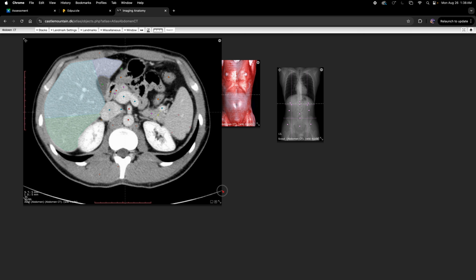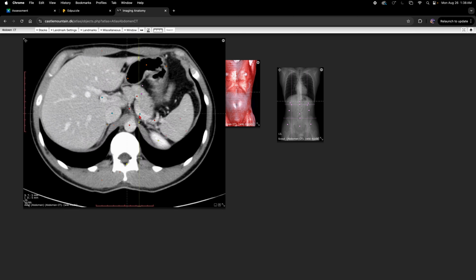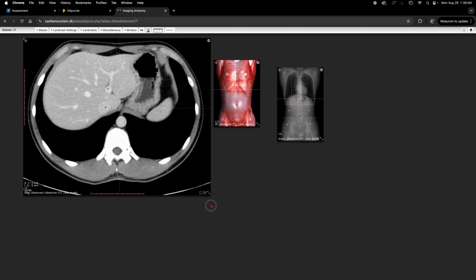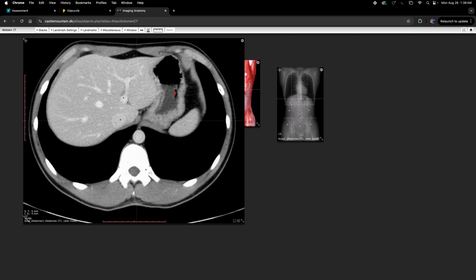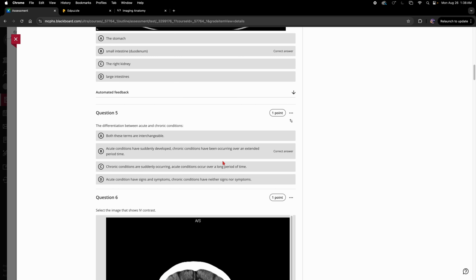Make this larger. And you would have to know that this is the stomach right there. All right. That's the stomach, and that empties into the duodenum, the first part of the large intestine.